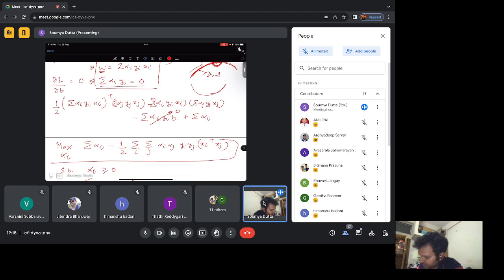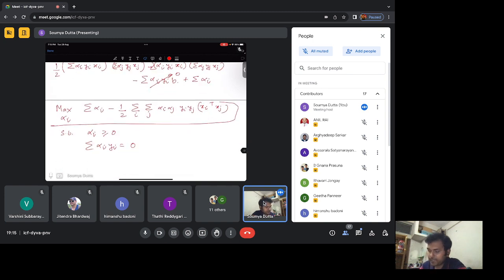That comes from here, and alpha i greater than or equal to 0 comes from something known as the KKT condition. So alpha i has to be greater than or equal to 0. That is the only thing that I would say as of now.